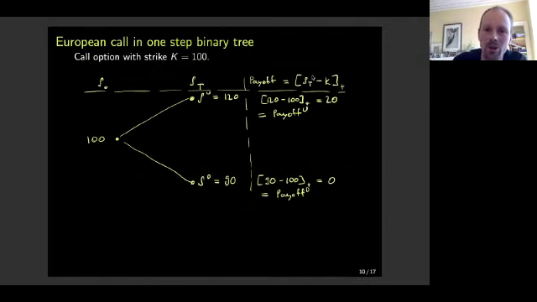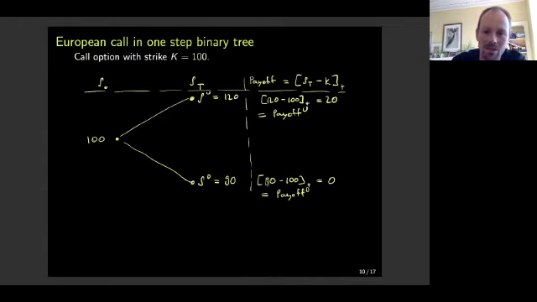So the payoff of the option, how much money I get at maturity: if the price went up, then I get 20 because I exercise the option. I buy the asset for 100, I immediately sell it for 120, and I made 20 profit. So that's payoff, and U stands for up, in the case when the price went up.